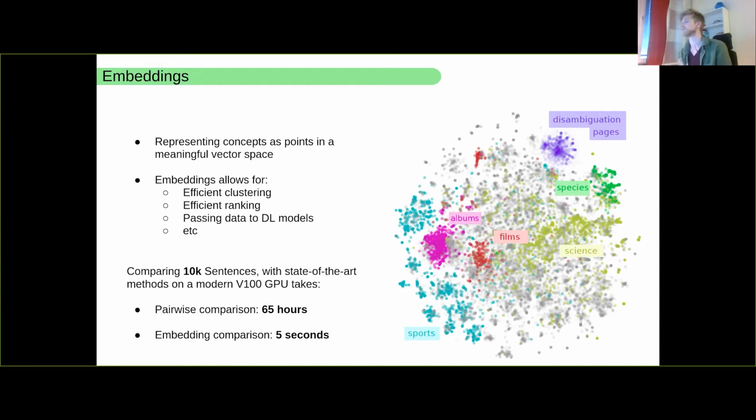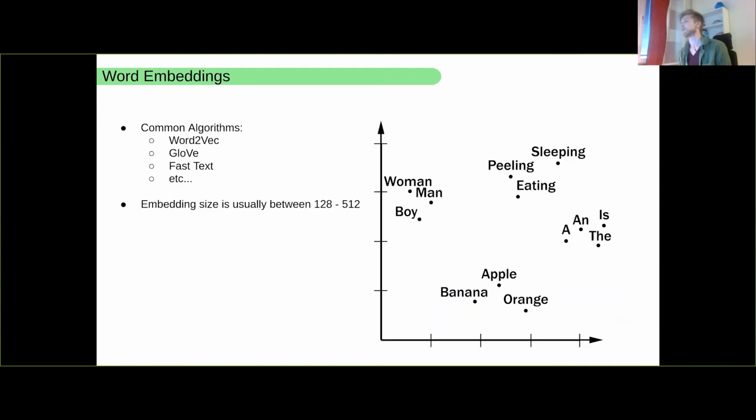So embeddings are ubiquitous. I believe most people might be familiar with word embeddings, and there exist many common algorithms for this. We have word2vec, GloVe, fastText, etc. And usually what we see is that words that have similar semantic meaning will end up being close to each other.